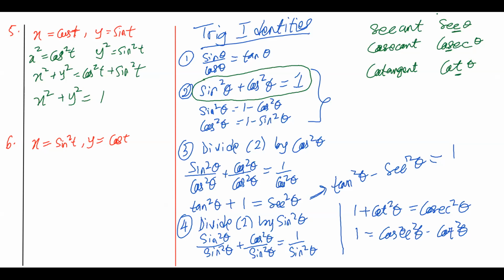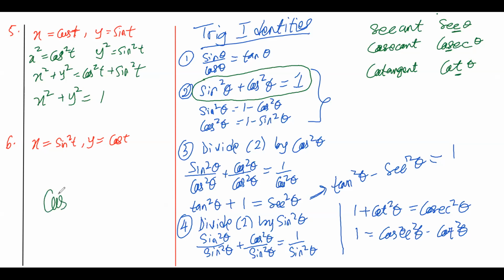Crystal C. So we know that cos square t plus sine square t equals 1. Cos square times t or cos squared t? Cos squared t. Yeah, it's not times, okay?